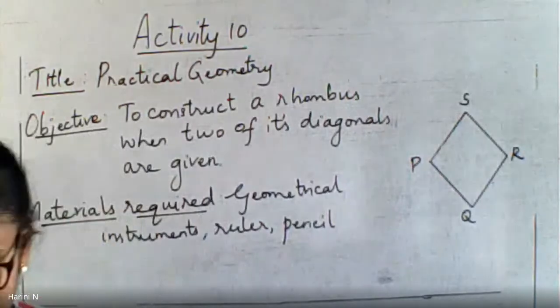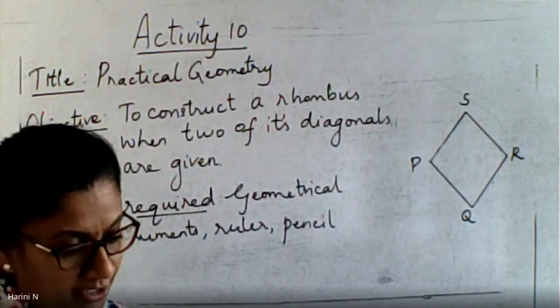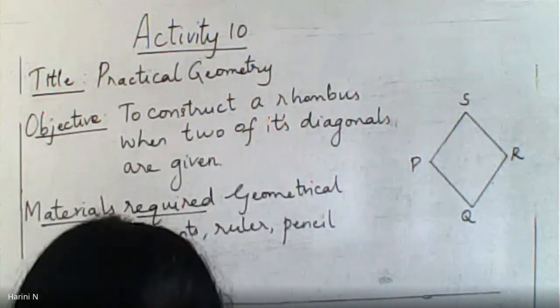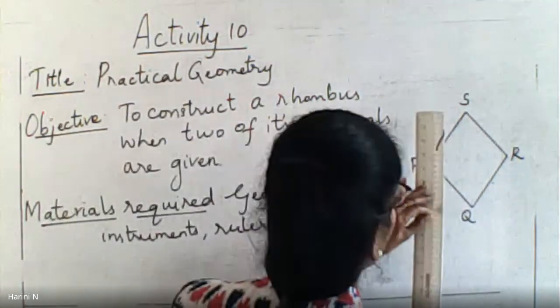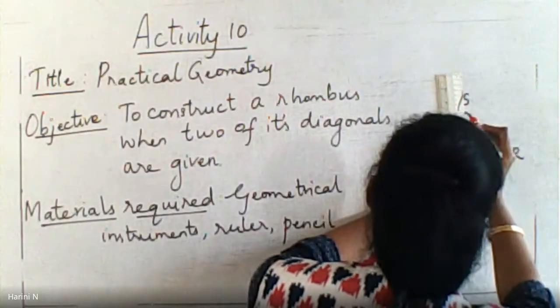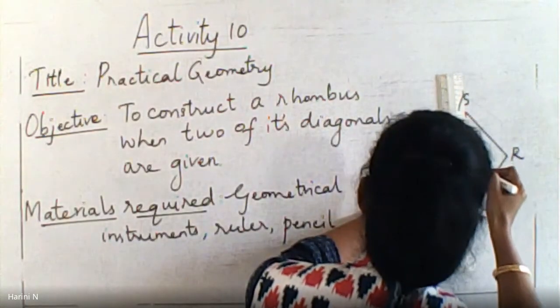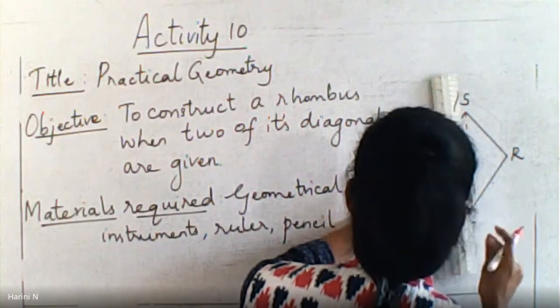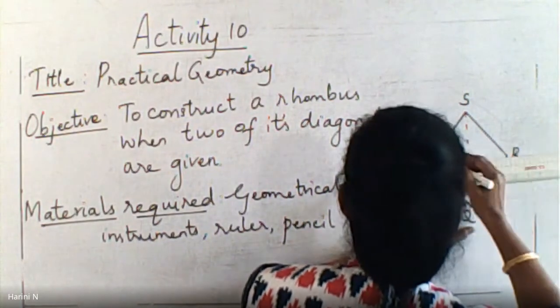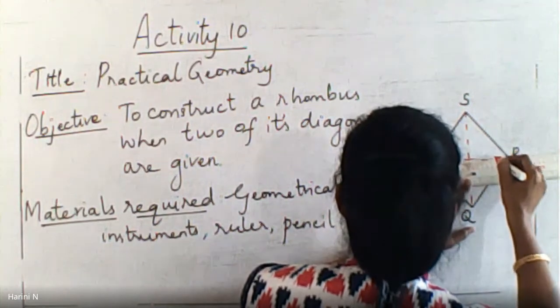Now in this rhombus, the sides are not given to me, the diagonals are given. So I require to show the diagonals also in my rough sketch. I'm deliberately drawing them as dotted lines to show that those are the two diagonals given to me.